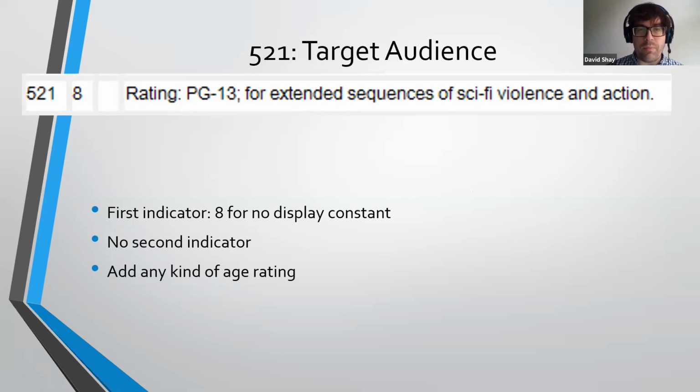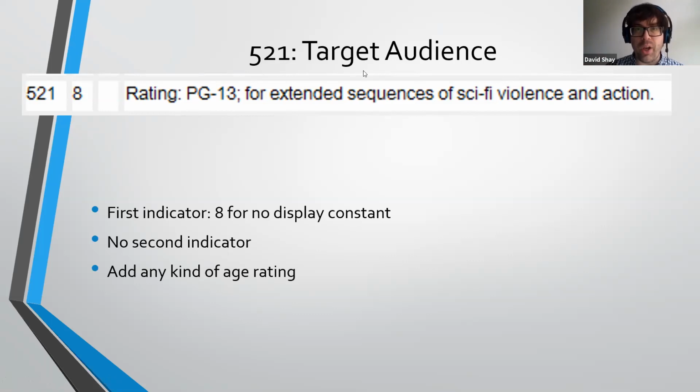521 target audience. First indicator is 0, or first indicator 8. Any kind of age rating, any kind of target audience or thing you want to get across, this is your place to do it. So we've got here rating PG-13 for extended sequences of sci-fi violence and action. So any time that you need to get across what kind of age range, or if there's any kind of statement explaining why something is rated what it is, this is the field you want to go in.